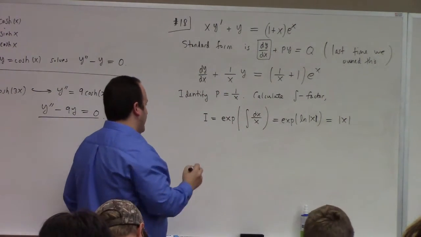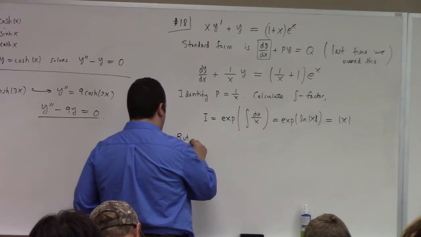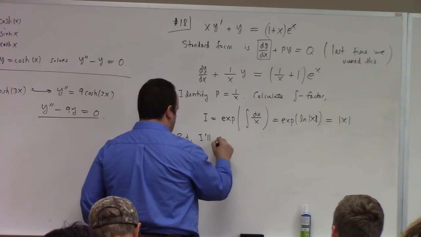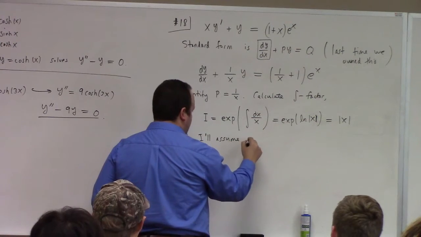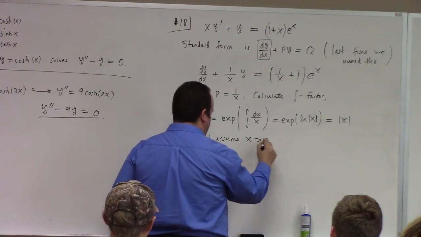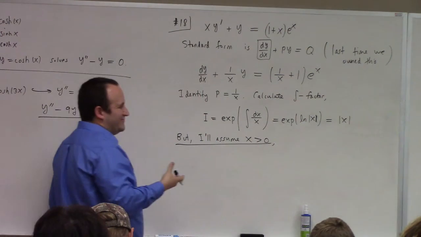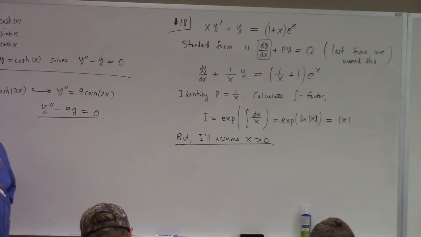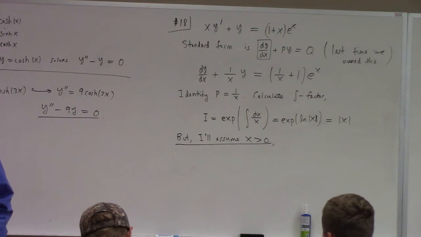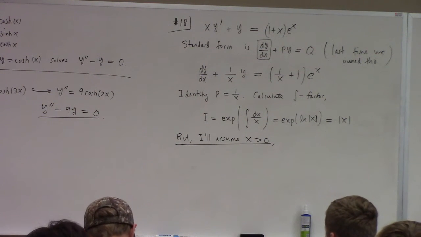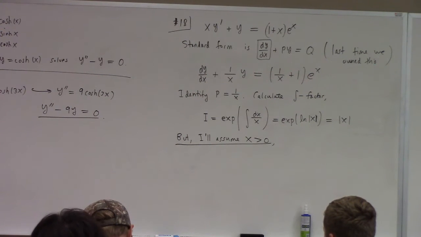But I'll assume that x is greater than 0 for the sake of not being annoying. In other words, I'm going to focus my attention on the solution for positive x. I'm losing something by doing this, but hopefully I'm making it easier for you to follow, right?